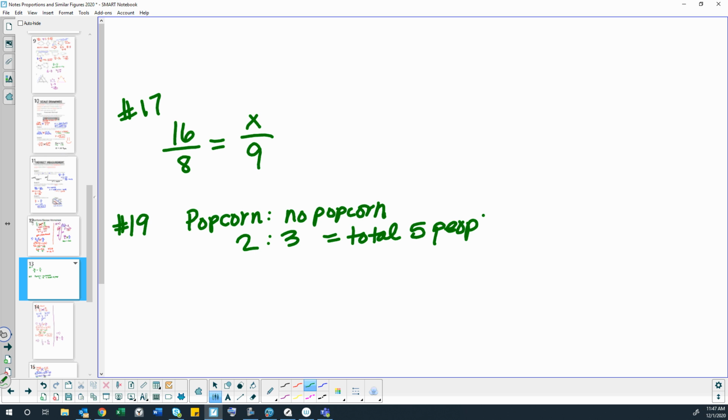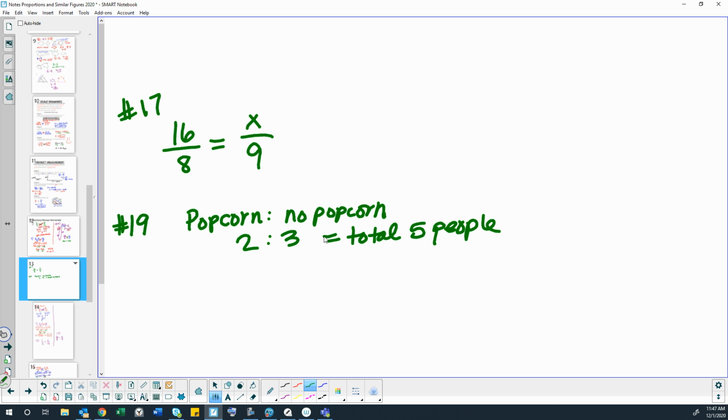So if I went in a theater and I counted out 5 people, this ratio is saying that 2 of them will be eating popcorn and 3 of them will not. And that may not be true. You might find 5 people where all 5 of them are eating popcorn, or 5 people where all 5 of them are not eating popcorn. But in general, if you did it over and over with groups of 5 people, you should get this ratio if they have proof that this ratio is correct, right?